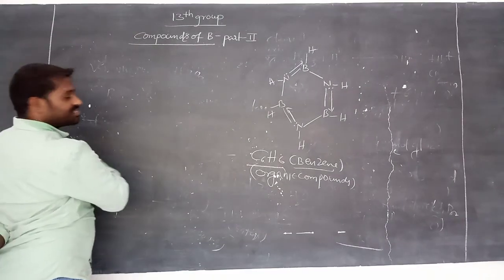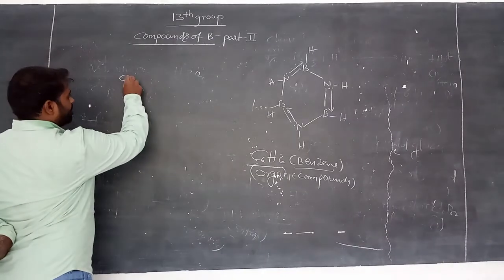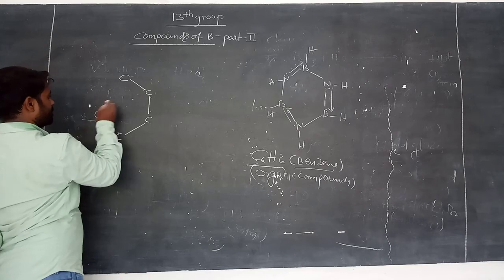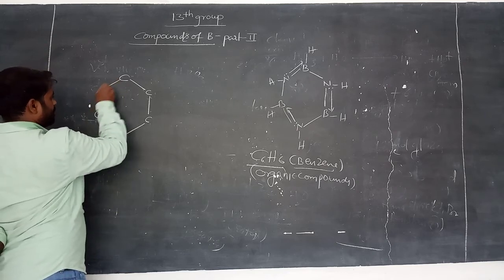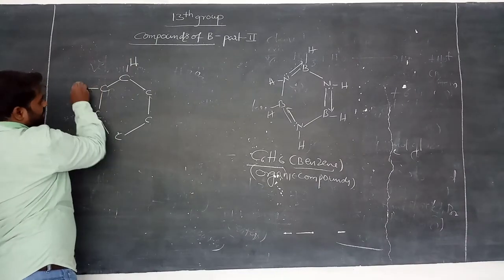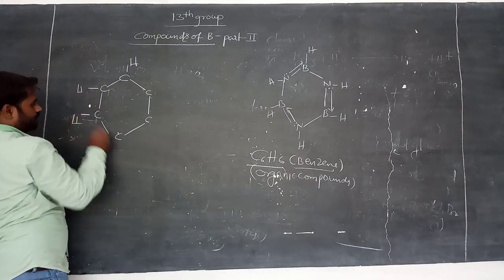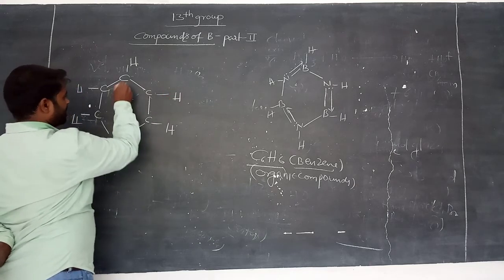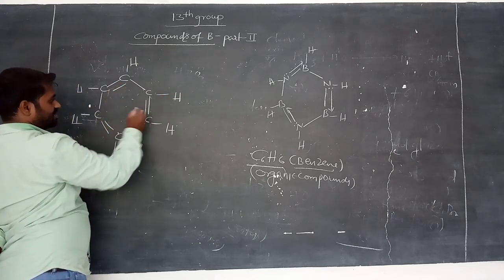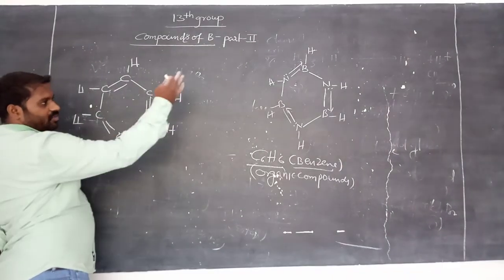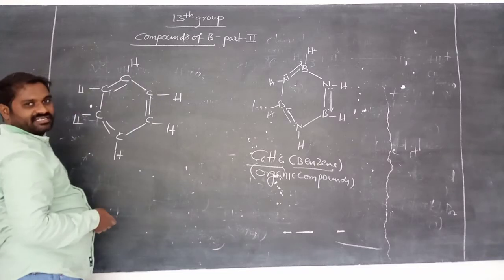Now let's see the structure of benzene. This is the structure of benzene. So it has 6 hydrogens. Here also it has double bonds. Ring-like structure. So borazine compared with the benzene structure.